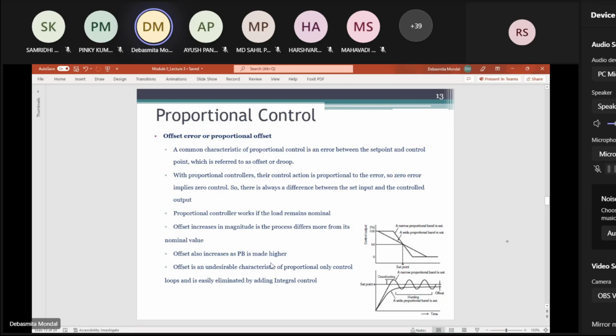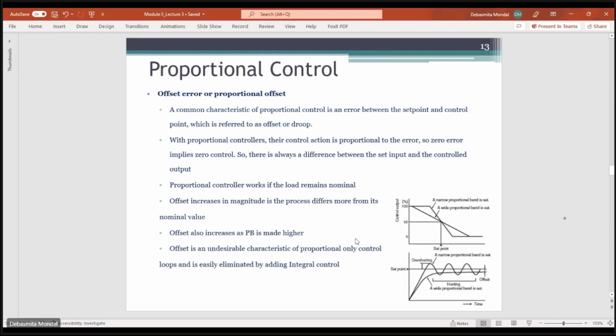So there is always a difference between the set point and the steady state value of this proportional controller. That offset is a major drawback of proportional control.